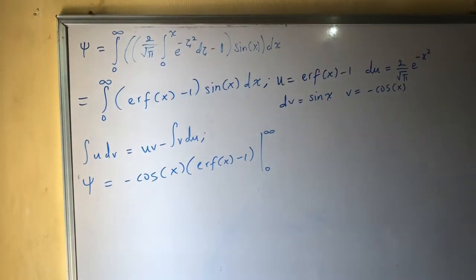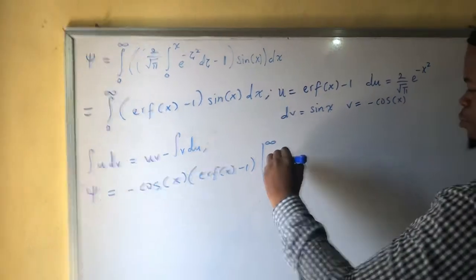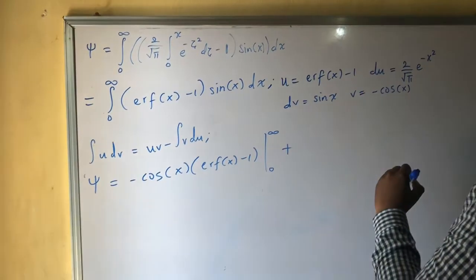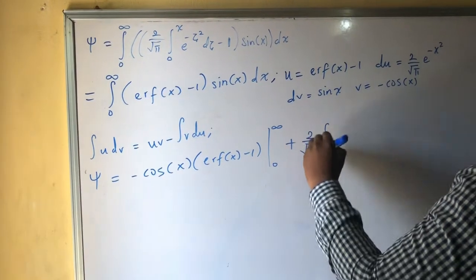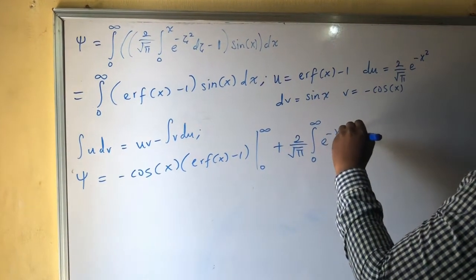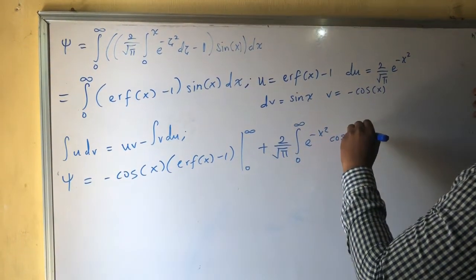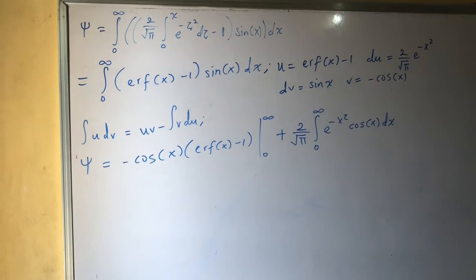Are we together? And v du, plus 2 over square root of pi, the integral from 0 to infinity of e to the negative x squared cos x dx. Very straightforward, nothing too difficult.